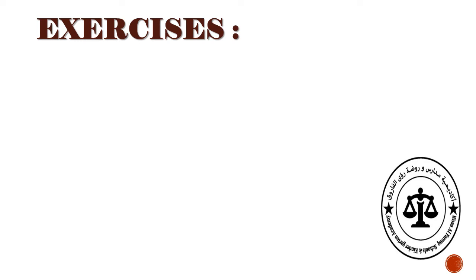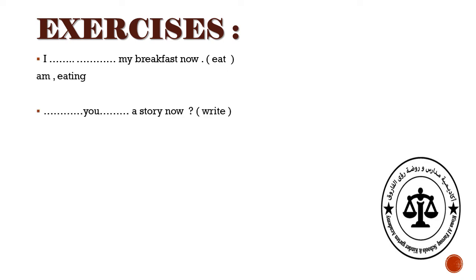Let's practice the present continuous in its three forms. Number 1, I blank my breakfast now, and we have between brackets the verb eat. I, excellent, am eating my breakfast now. Number 2, this is a question and there is no WH word here.